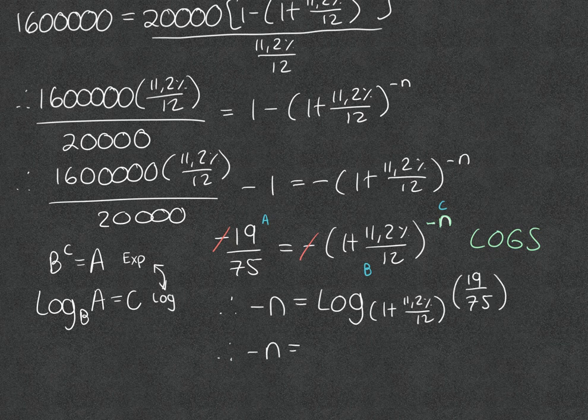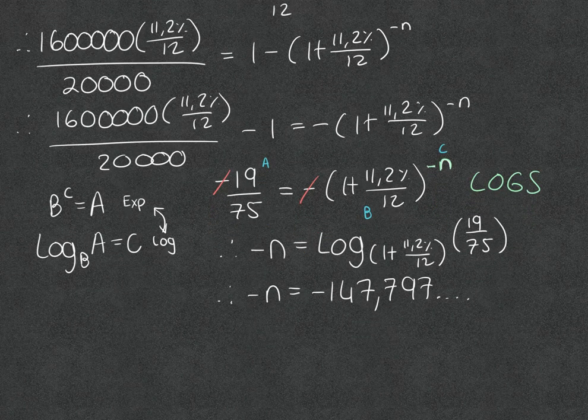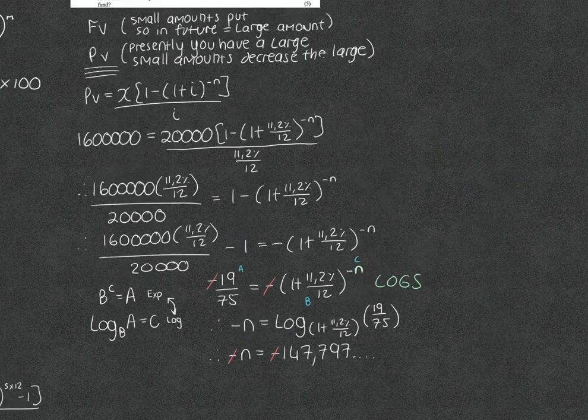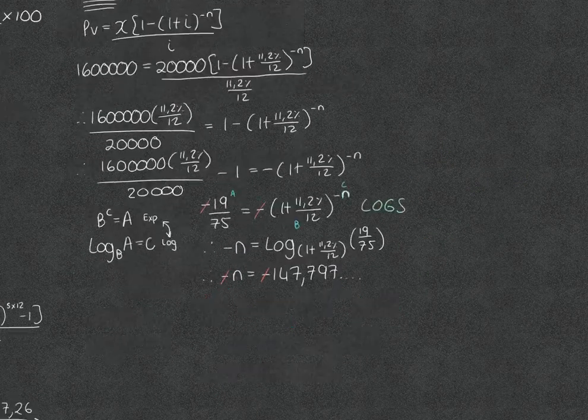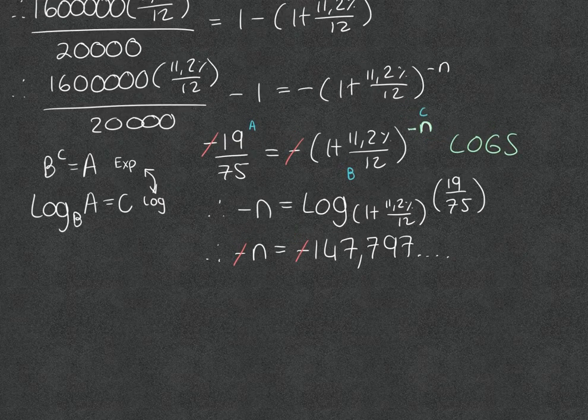Therefore, minus n equals, let's see on the calculator, minus 147.797 recurring. Okay, and then the negatives would fall away. Let's just see what the question is asking me. It says, how many withdrawals of 20,000 will he be able to make? Well, if these are months, he makes a withdrawal every month, right?